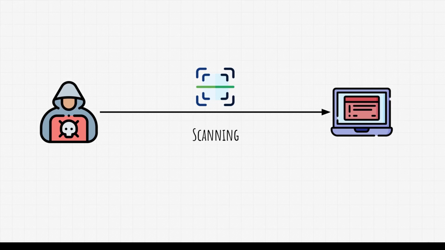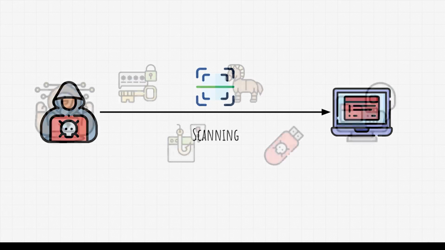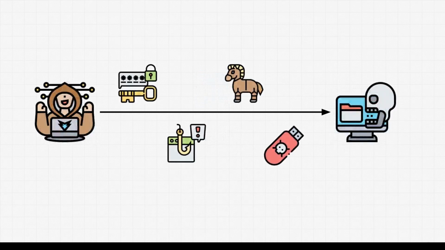We finish scanning by performing vulnerability analysis. Vulnerability analysis is just us finding security holes in the target system with the help of information that we gathered. After that, we can successfully exploit the target by using different methods and attacks.